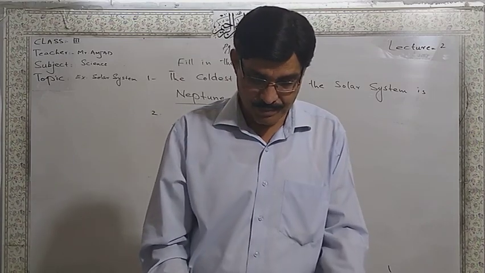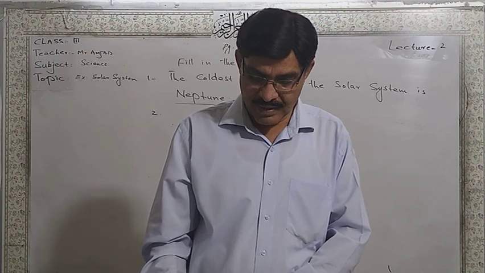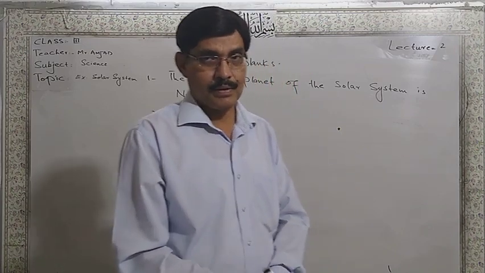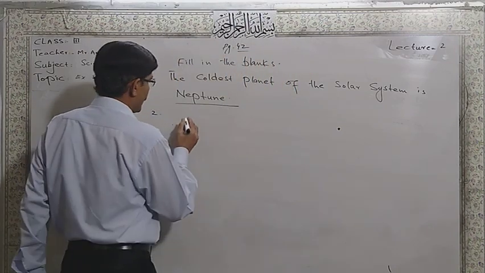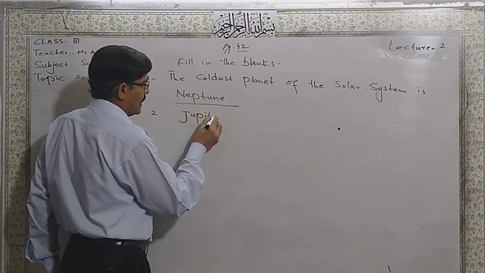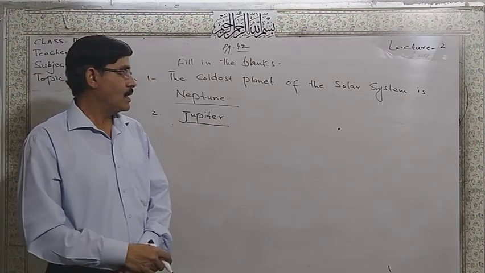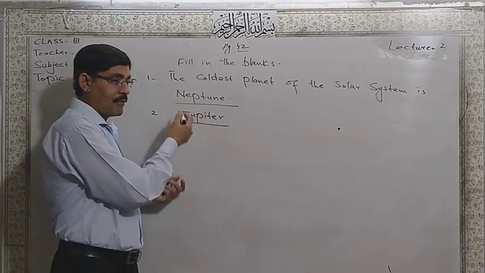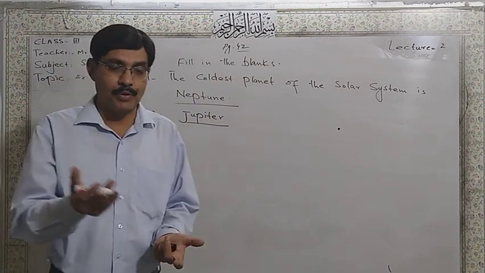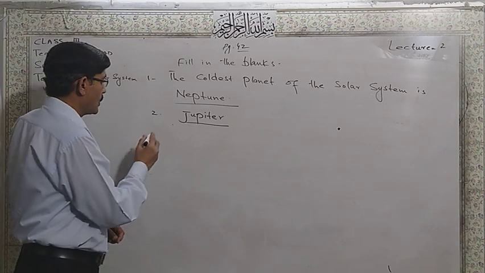See your picture, page number 37, Jupiter, the largest. Jupiter, it is the largest planet. Coldest one, Neptune. After that one, which is the largest one, we have got Jupiter in our solar system.